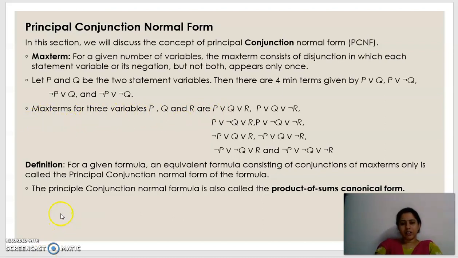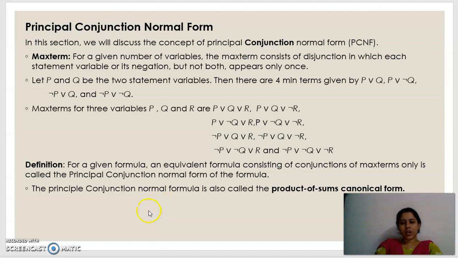The definition of principal conjunction normal form is: for a given formula, an equivalent formula consisting of a conjunction of max terms is called the principal conjunction normal form. As it is principal conjunction normal form, here we have to convert the given statement into a conjunction of max terms.